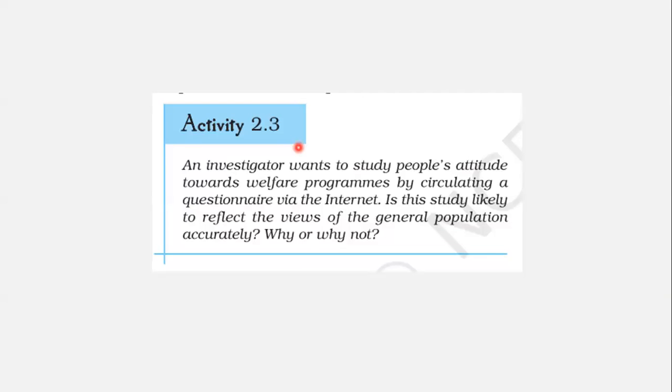there is an activity, if you can see here, activity 2.3. An investigator wants to study people's attitude towards welfare programs by circulating a questionnaire via internet. Is the study likely to reflect the views of the general population accurately? Why or why not? Here, as we discussed the survey method, the activity is related to that, and particularly we have discussed an example in the survey method, like a newspaper political one, and regarding happiness.